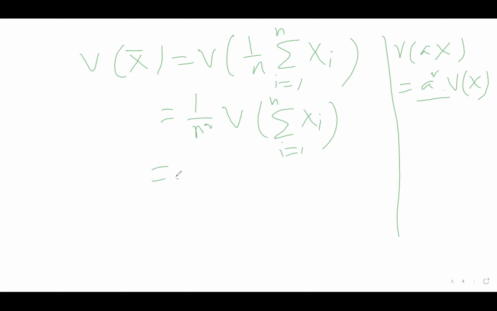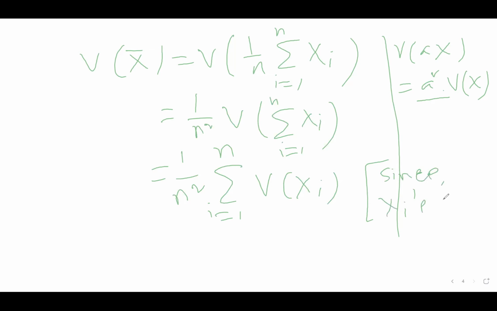So that means we can then write 1 over n square summation of i equals 1 to n and variance of xi, since xi's are independent, otherwise we cannot write this one from here. If they are independent, then we can write this one, otherwise we cannot. Since we have xi's are independent, we can use this property.